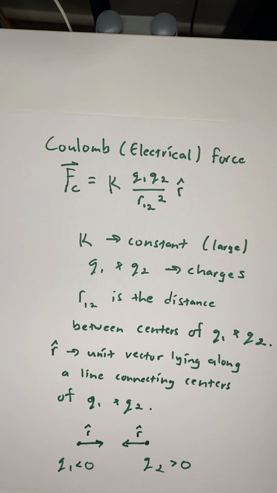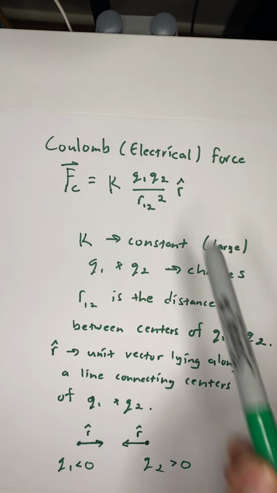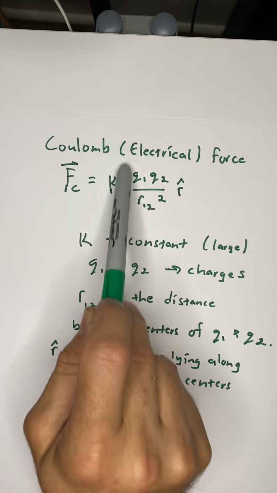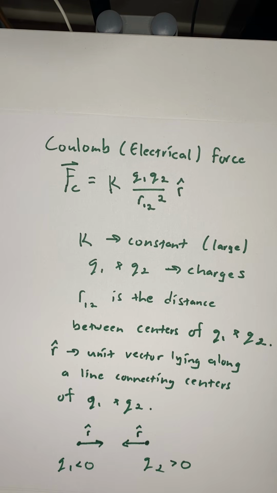Notice which direction that is depends upon the charge that you're examining. So there is a sign convention here. Notice, for this to be the case, if you have an attractive force, one of these charges has to be negative. If one of these charges is negative, what you get is a negative out of this expression. Very often you will see Q1 and Q2 written with the absolute value symbols.